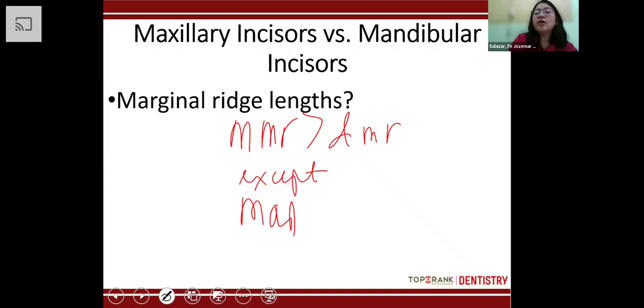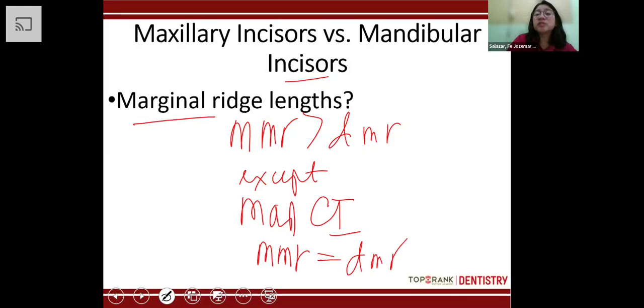Marginal ridge sa incisors, mandibular central incisor, because it has equal mesial marginal ridge and distal marginal ridge. Do not confuse marginal ridge with cusp ridge. Iba yon. Iba ang cusp ridge, iba ang marginal ridge.